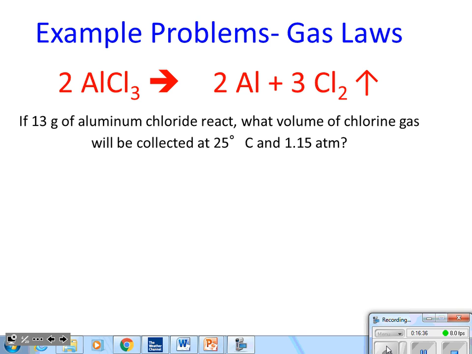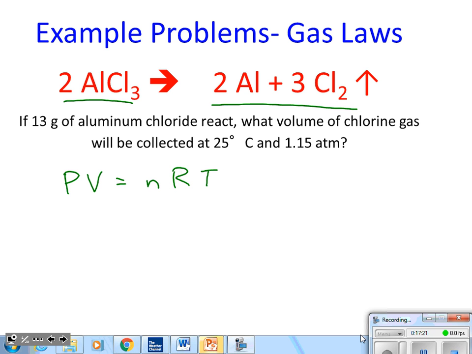All right. If I'm looking at this, okay, I have a balanced chemical equation right here. Would you agree? Okay, I have a balanced chemical equation here. Now, this is a gas law problem, so you can assume that you're going to be using PV equals nRT.